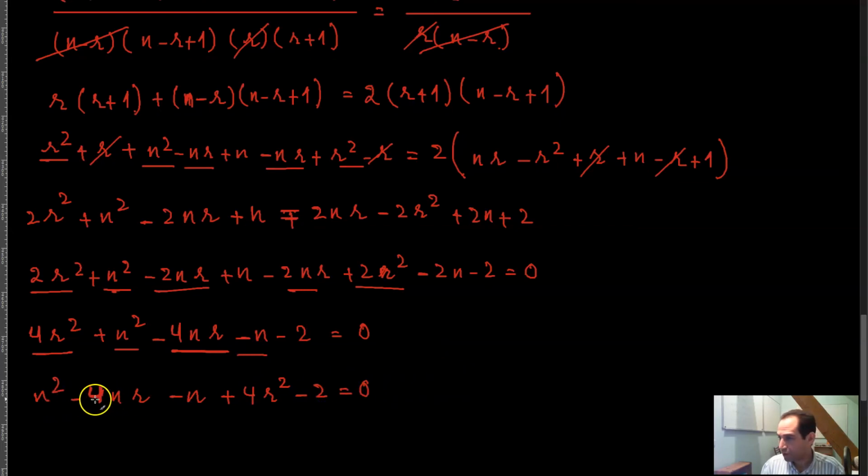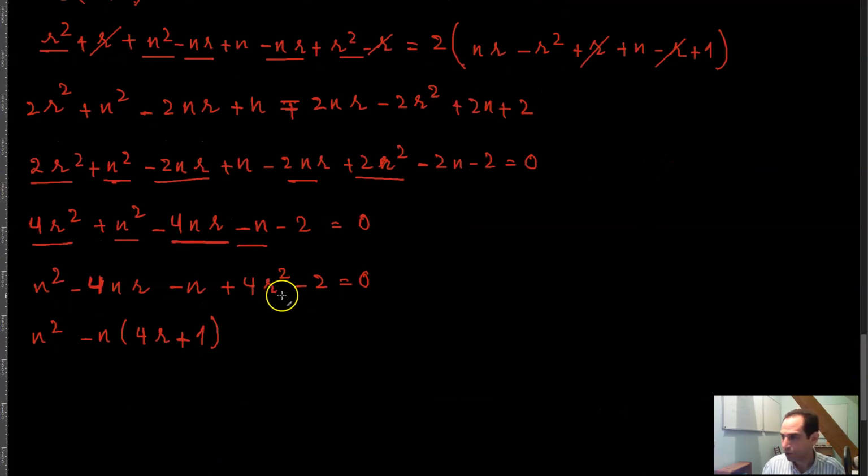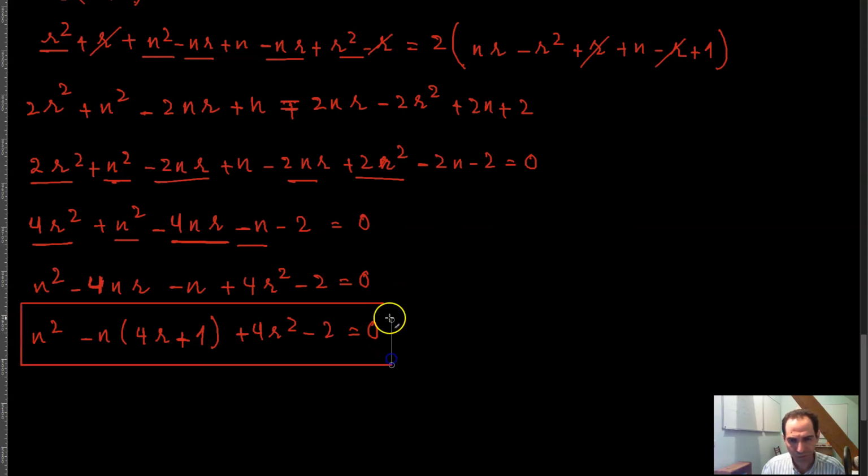And therefore from this you can take an n out, so minus n times (4 times r plus 1), and the remaining part you can just write as 4 times r squared minus 2 is equal to 0. So n squared minus n times (4r plus 1) plus 4r squared minus 2 is equal to 0. And that's basically what we wanted to prove, right?